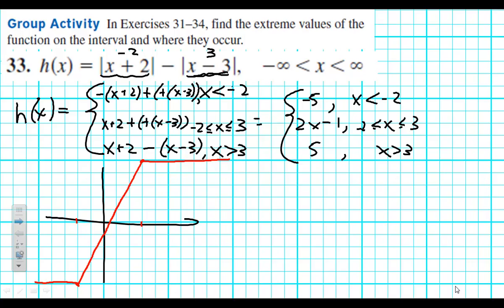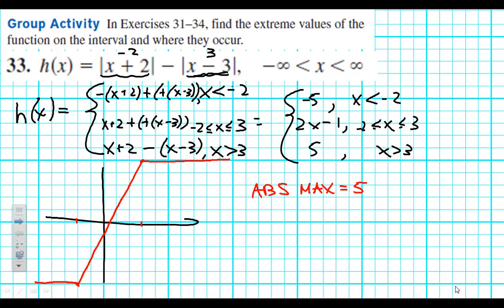All right, now let's answer the question that they posed. Find the extreme values of this function on the interval and where they occur. Well, I think it's pretty easy to declare that the absolute max is equal to +5, because that function takes on the value of +5. That's the largest value it takes on.